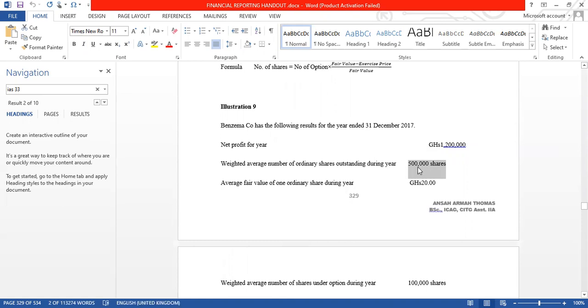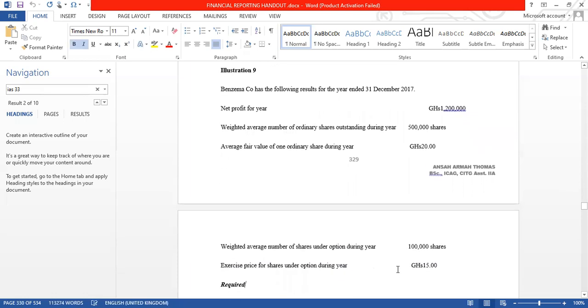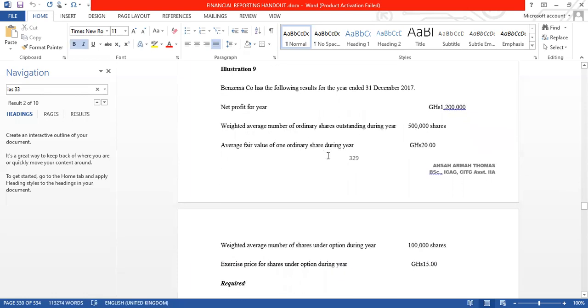You have 500,000. Average fair value is always given to you; it's 20. Weighted average number of shares under the option is 100,000. That is what is in your formula, and the exercise price has been given to you for this.